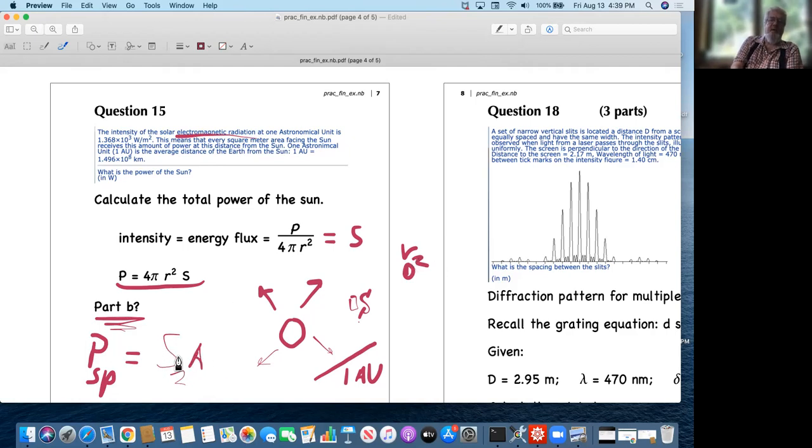The satellite only gets to use a fraction of that, which is given by the efficiency times the power incident. So again, do this problem at home. Try to do this problem yourself without looking up anything, and then check your answer. That'll be a practice for the exam.